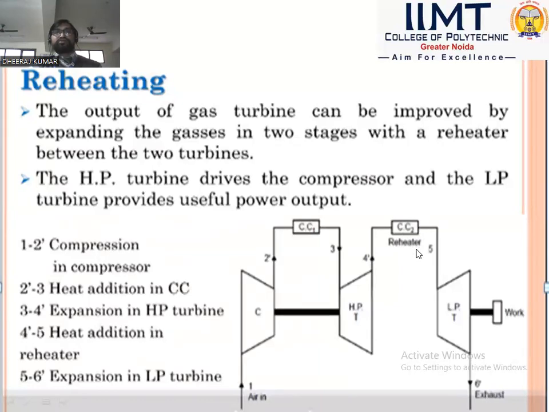This is called the reheater, and again heat is supplied and the gas temperature increases. The high pressure and high temperature gases are supplied to the low pressure turbine and it produces work. After this, hot gases escape to the ambient or exhaust.